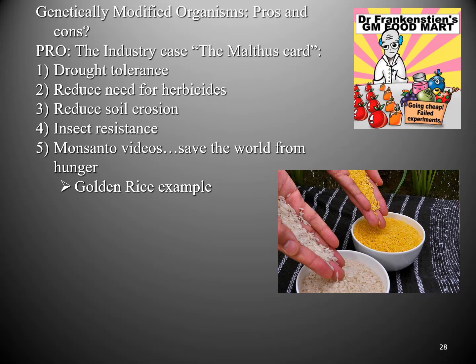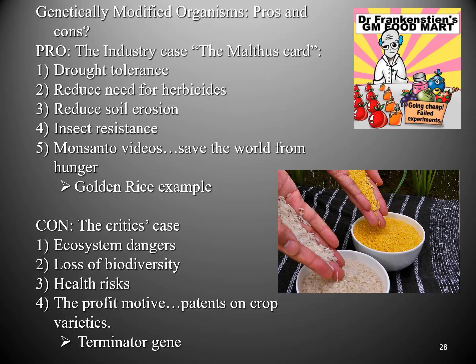The critics, those that say GMOs are not needed to save the world and may pose serious dangers, sort of environmental activists, social activists. They would say there's potential ecosystem dangers presented by GMOs. There hasn't been that much research. There could be unintended consequences. If we breed seeds to be pesticide and herbicide resistant, you can spray as much as you want into the environment.